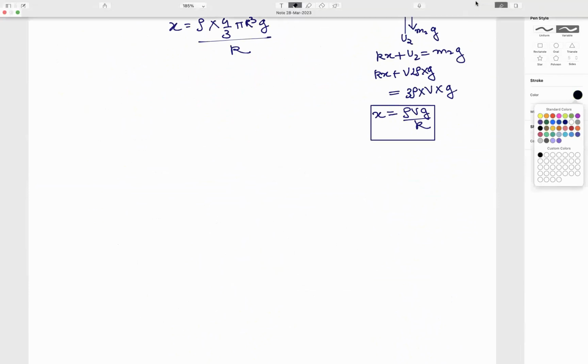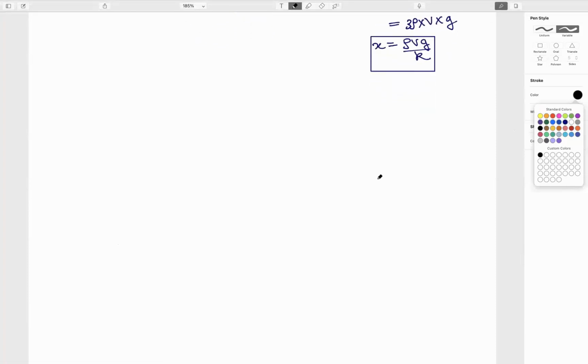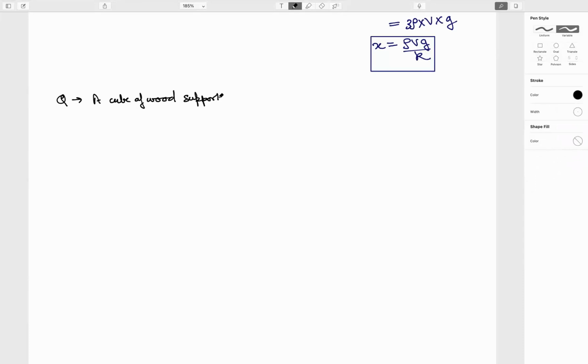So let me see. I will be putting 2 questions. Try it at home, and then I will be closing this discussion with the discussion of Pascal's law. Okay, I think I will discuss that question tomorrow only. I will be giving you one question: a cube of wood supporting 200 gram of mass just floats in water.